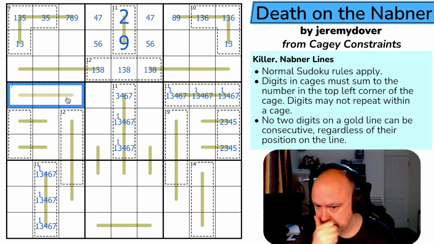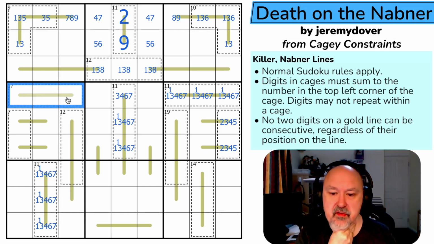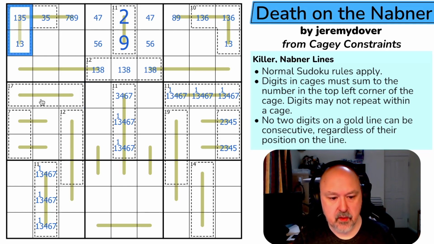So 17 cage. I can't see what it must have in it, though. I'm a little lost here. So one is in here, one is in here.